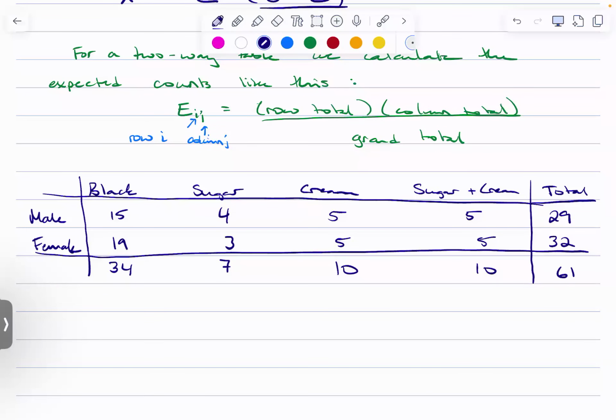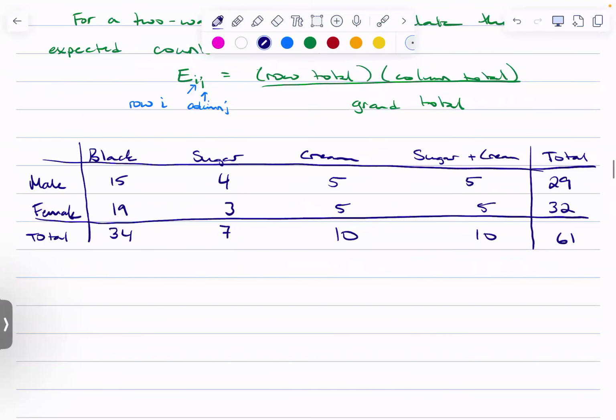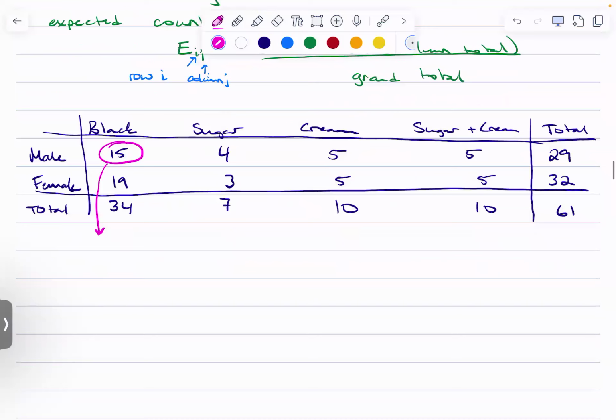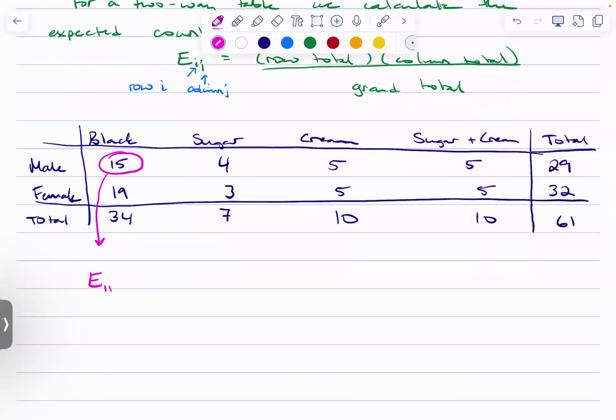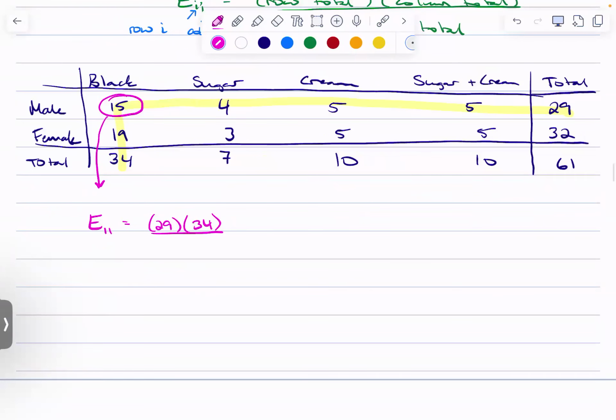So here I have a total. Here I have a total. Now for this first cell, my expected count for row 1, column 1, you don't have to use the subscripts, is going to be the row total, which is 29, times the column total, which is 34, divided by the grand total, which is 61.